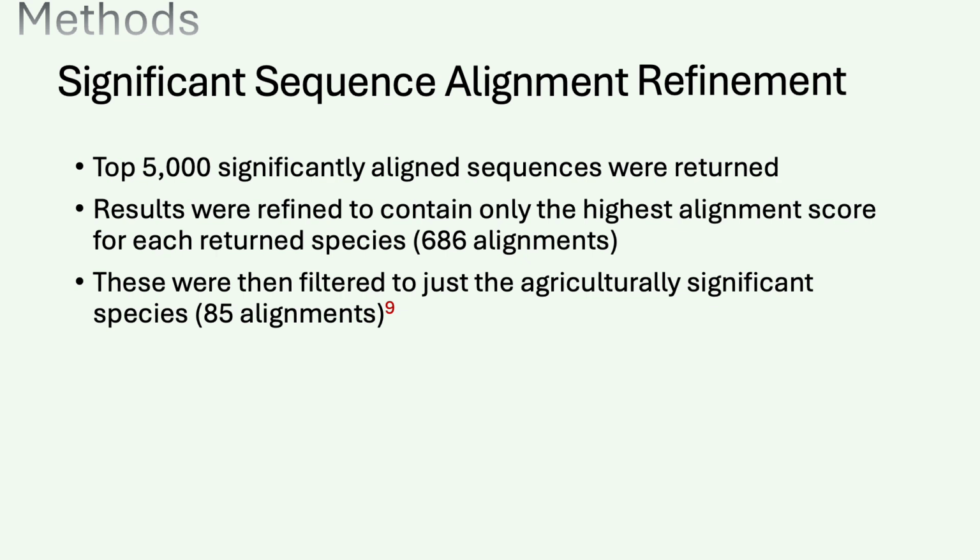I took the top 5,000 alignments and refined them to just the best alignment per species, reducing my results from 5,000 to 686. These were then filtered to just agriculturally significant species, plants grown for food, fiber, or medicine. This brought me down to a manageable 85 alignments.